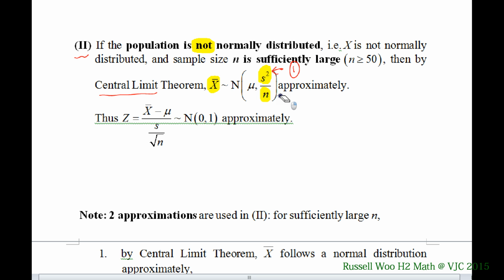That's approximation 1. If the question does not give us the population variance, we have to estimate it using S squared. Second approximation is the central limit theorem. Since the distribution of X is unknown, if n is large, you say x bar follows a normal distribution. That is an approximate distribution.